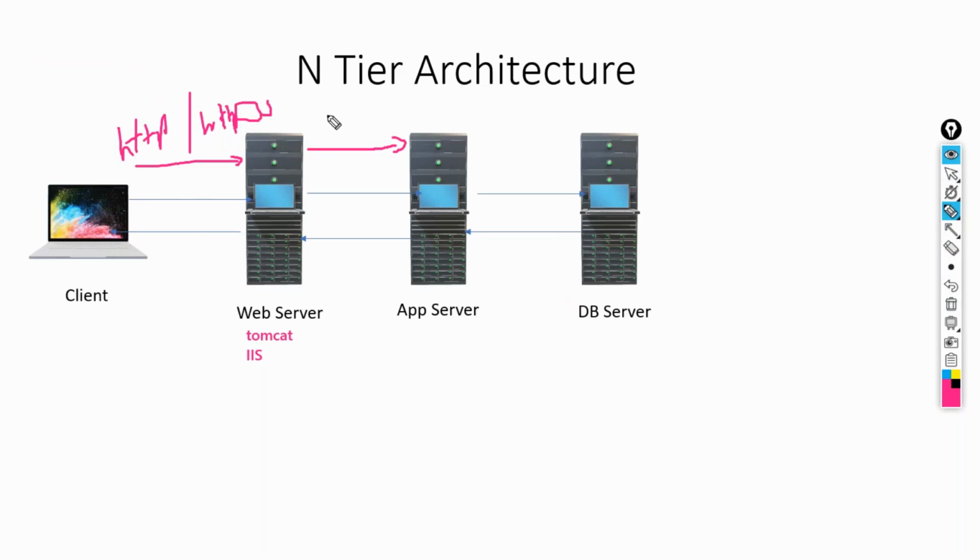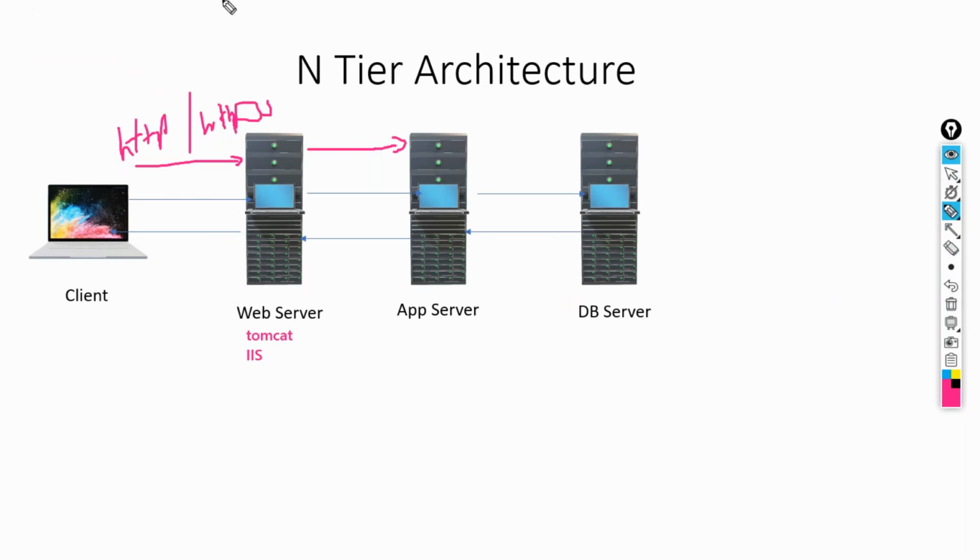What do you mean by entire business logic? Whatever code is written by the developer will reside on the application server, running in the backend. That's the reason this is also called the business layer.